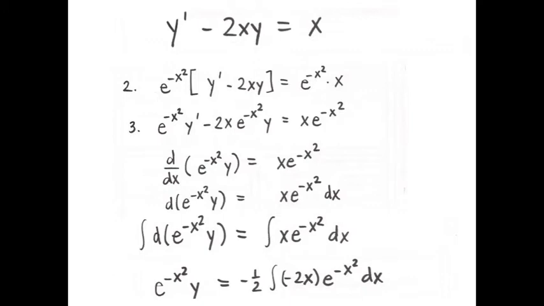And on the right side of the equal sign, I just multiply by negative 1/2 on the outside of the antiderivative, so that on the inside of the antiderivative I can multiply by negative 2. This is just getting the integral set up so that I can use u substitution.